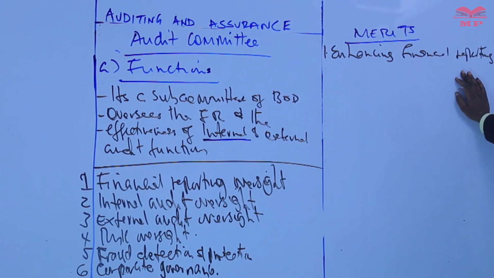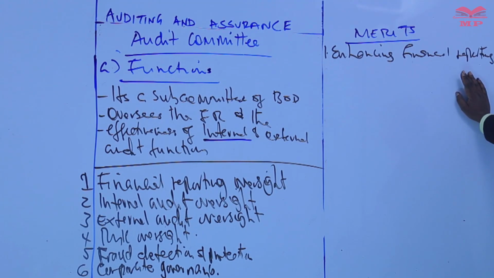So the committee enhances financial reporting, because an effective audit committee can help to enhance the accuracy, the completeness, and the reliability of the organization's financial statements.